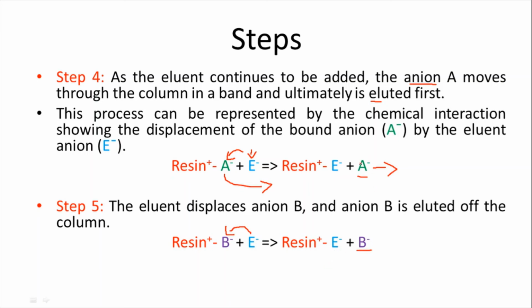Comparatively, the A anionic nature and the B anionic nature are different. A is slightly lesser than B because B is tightly bound to the resin, while A is moderately bound to the resin. So it can easily elute with a slight alteration of the pH of the eluent. Then the B elutes.